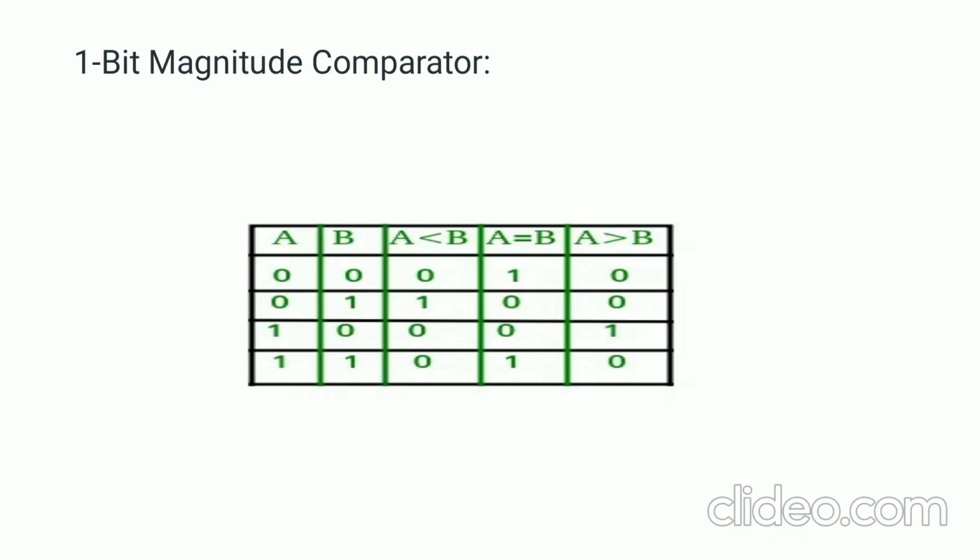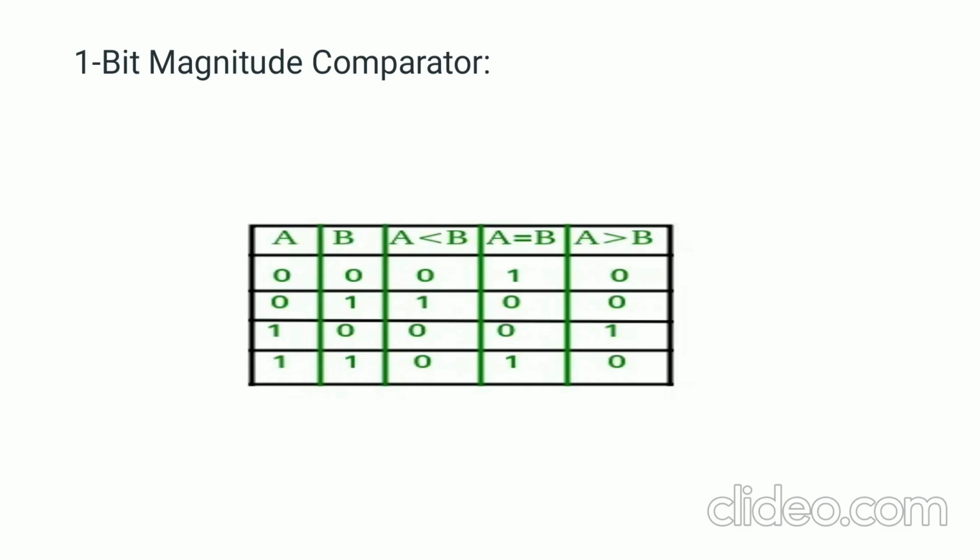If we take A and B values as 0, 0, both A and B have the same value 0. So it will produce the output A equal to B as high output 1. The remaining A less than B and A greater than B are 0. Next case 0, 1.